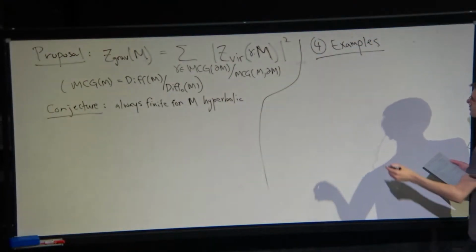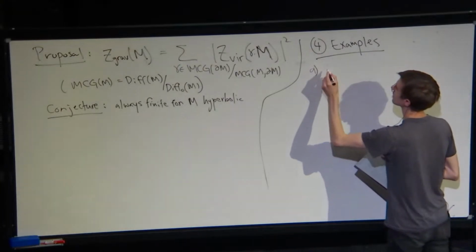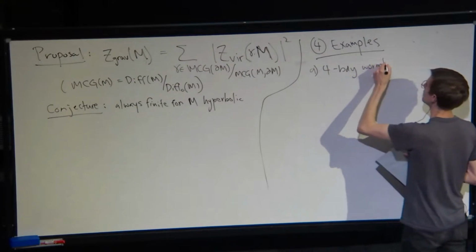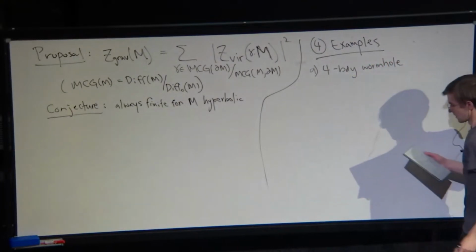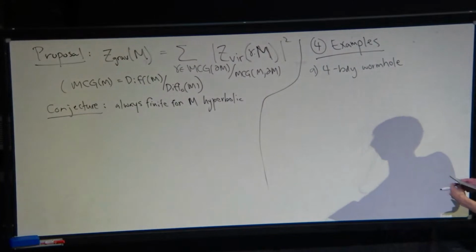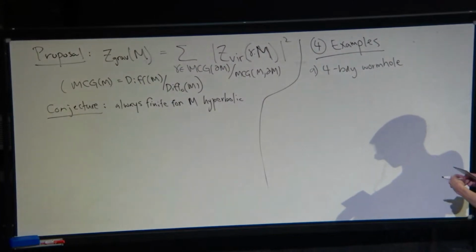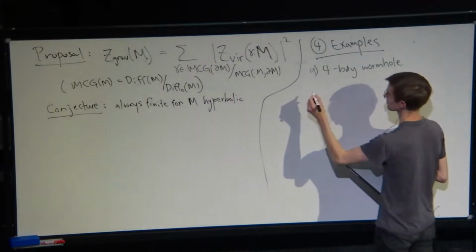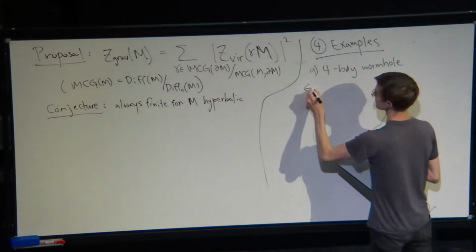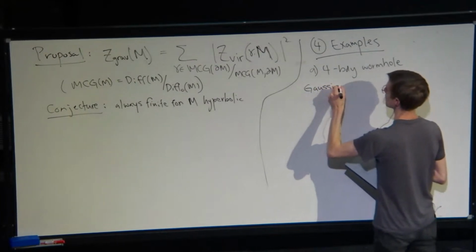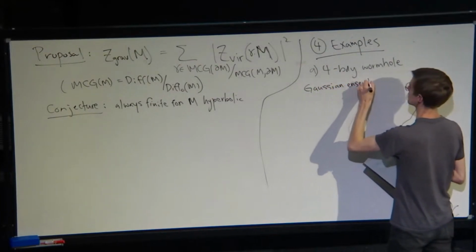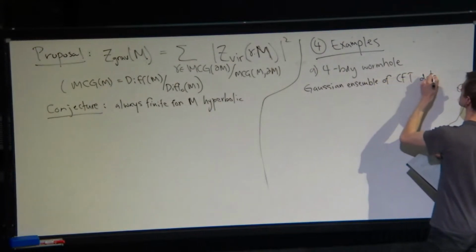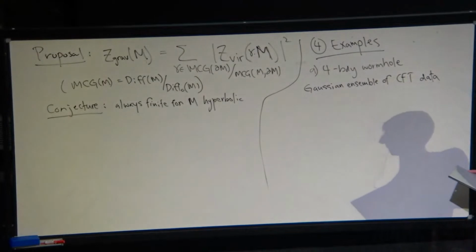The first one I'll consider is this 4-boundary wormhole. So let's recall from last year's Bootstrap, actually, Tom's lectures. Tom very nicely described in Bootstrap 22 this Gaussian ensemble of CFT data and its relation to semi-classical AdS3 Einstein gravity.